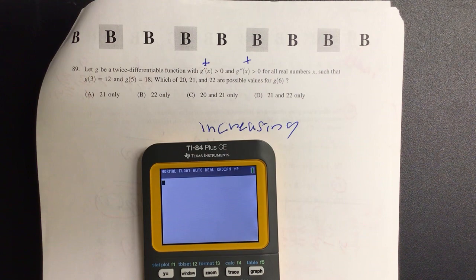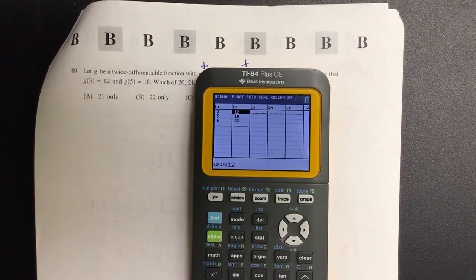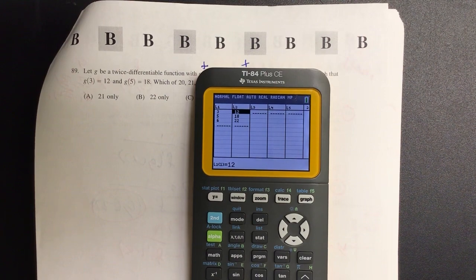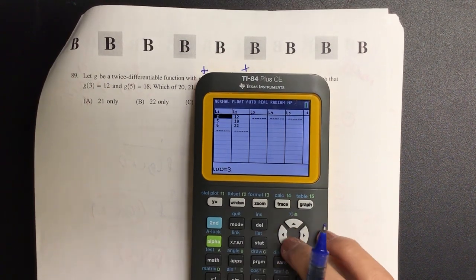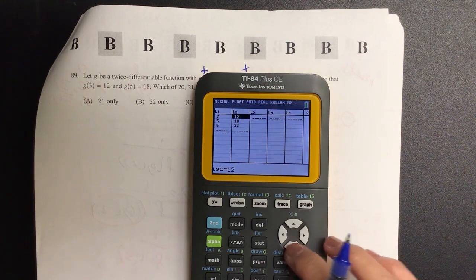Go to stat edit. Because if I'm giving you points, might as well just look at the graph and figure out if it's concave up or down, right? What I want you to do is type in the x values of 3, 5, and 6. And I'm just going to type in the correct answer: 12, 18, and 22.